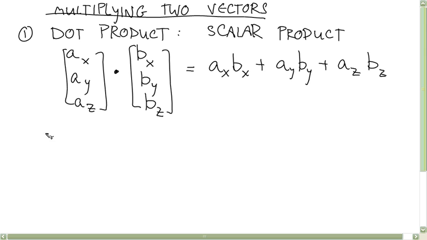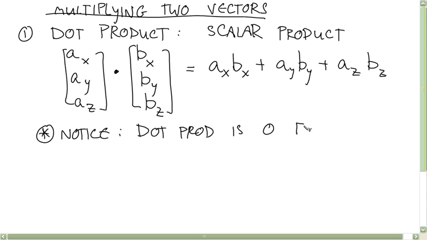And notice the dot product is 0 for two perpendicular vectors.